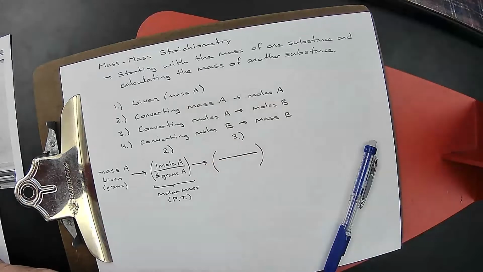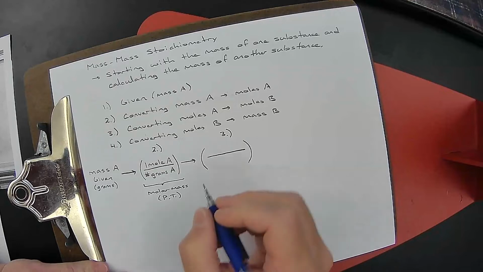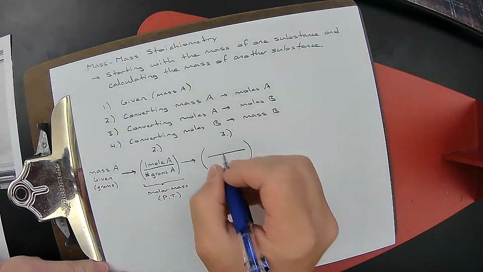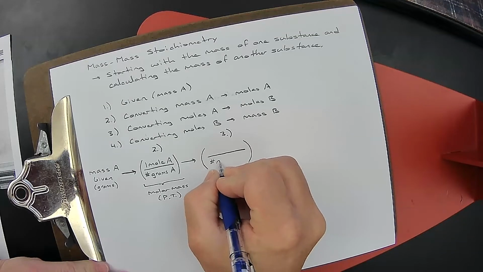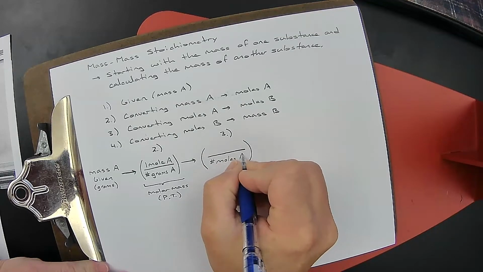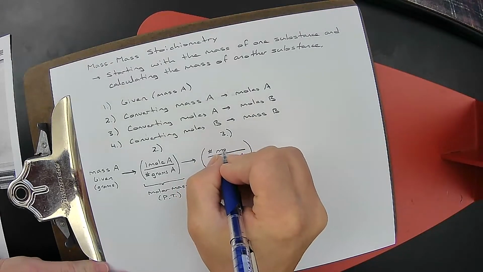We're putting all these individual steps that we previously did together in one grouping. We will have a certain number of moles of A and a certain number of moles of B.